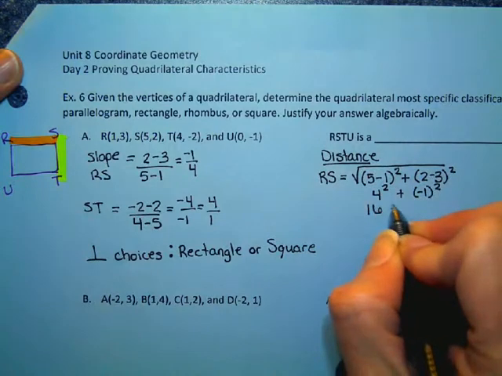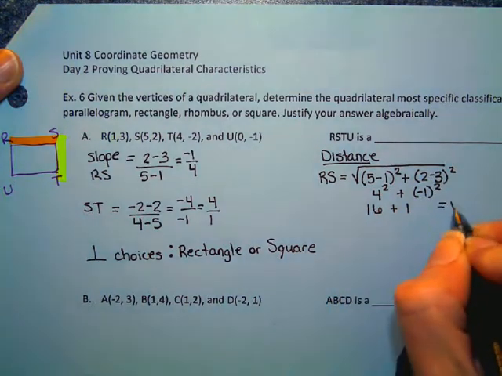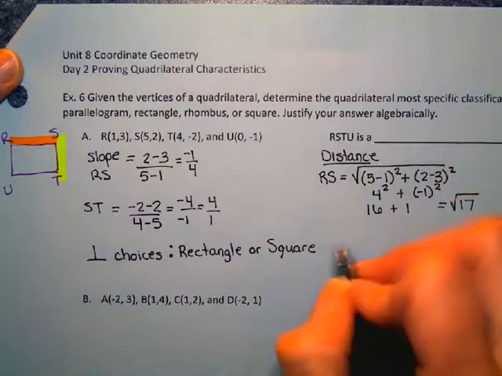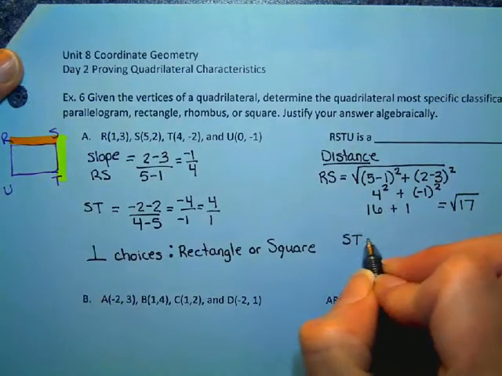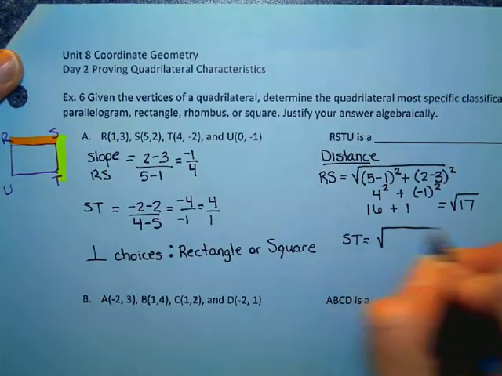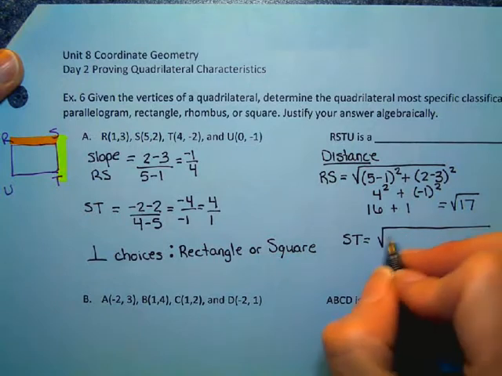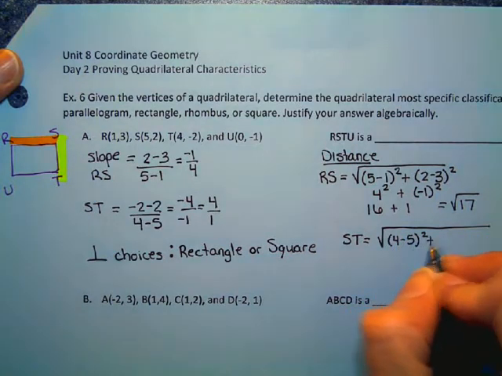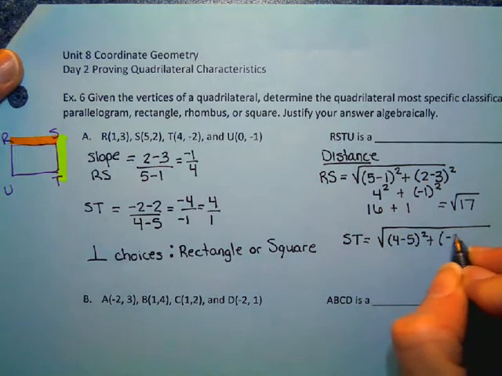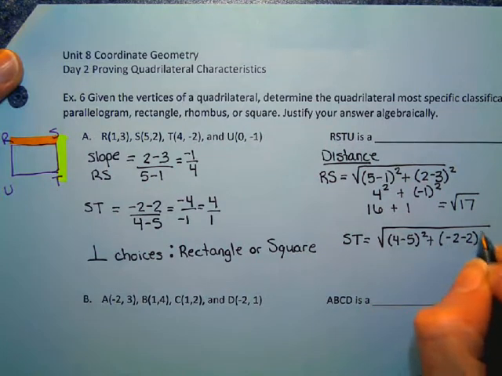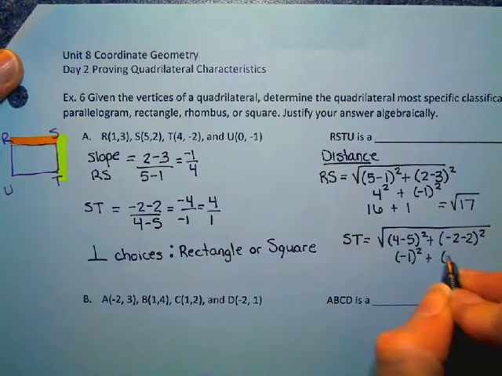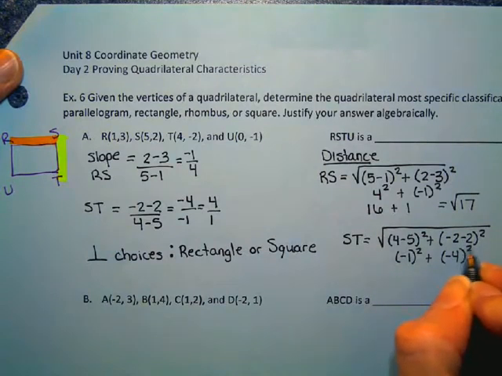We get square root of 17 for RS, and we'll do ST. X's, so 4 minus 5 squared. Y's are negative 2 minus 2 squared. Negative 1 squared plus negative 4 squared. 1 plus 16 equals square root of 17.